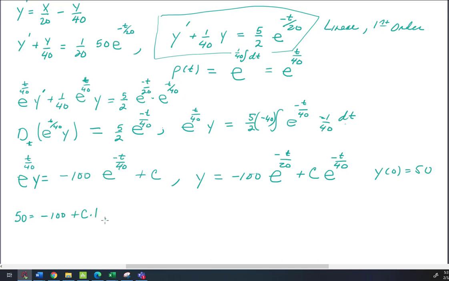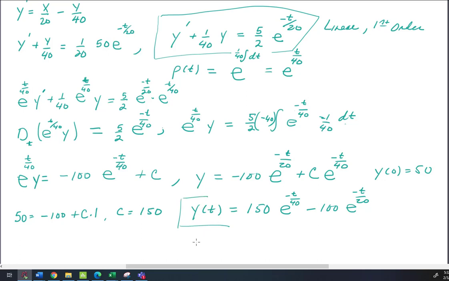Transposing, c is equal to 150 pounds. So y of t, now we're closing in on it, would be 150 e to the negative t over 40, I'm going to write the positive term first, minus 100 e to the negative t over 20. And that is y of t.